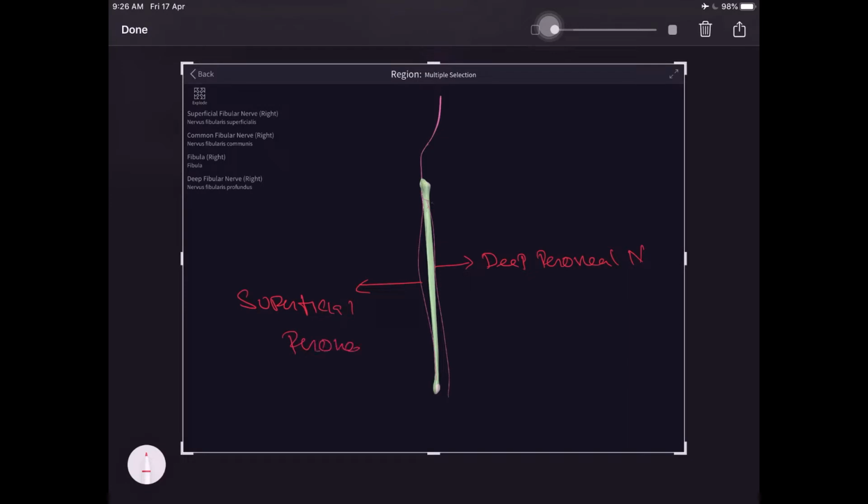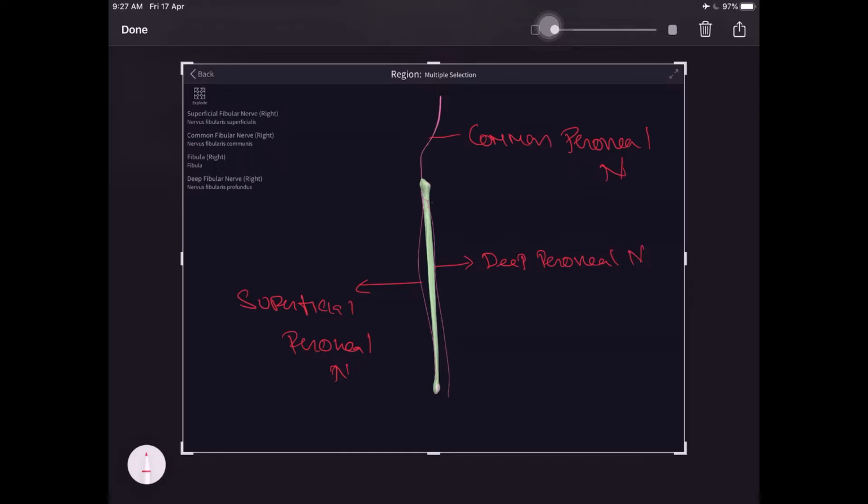The division of your common peroneal nerve is happening at the neck of the fibula. This is important, because when we do this nerve, this will come as an important point. So the common peroneal nerve lies posterolaterally to the neck, and it divides into the deep peroneal and superficial peroneal nerve.